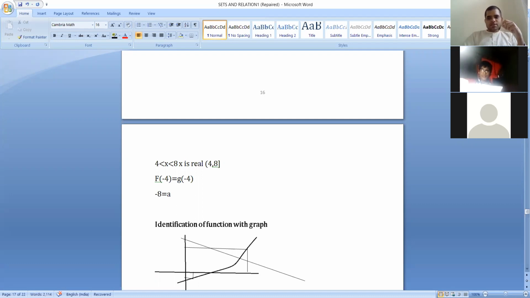So what is the value of lambda? -8. You got the value of lambda is -8, because g of -4 is lambda. Is it clear or not?